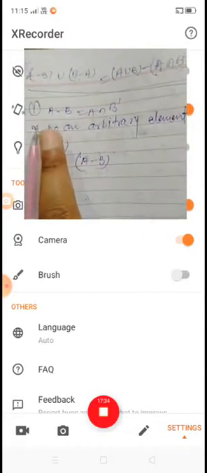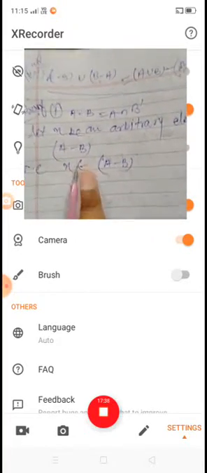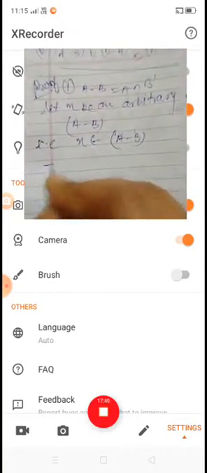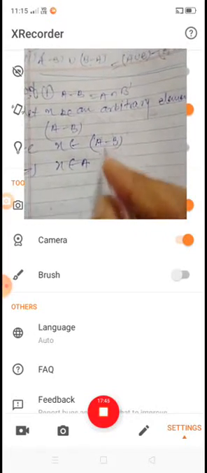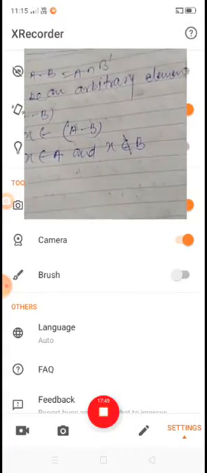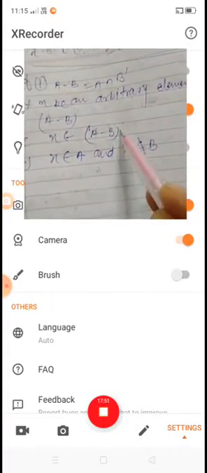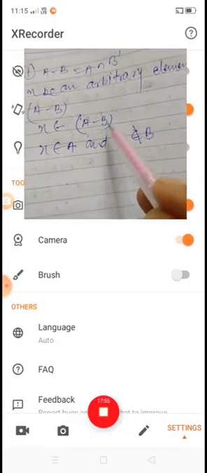So if we take x belongs to A minus B, this implies that x belongs to A and x does not belong to B.